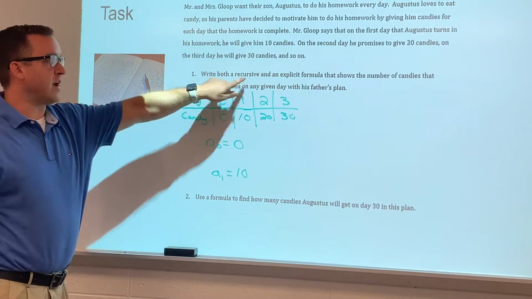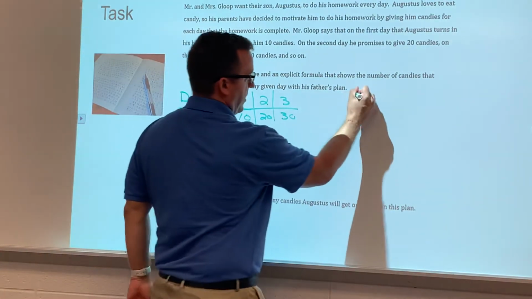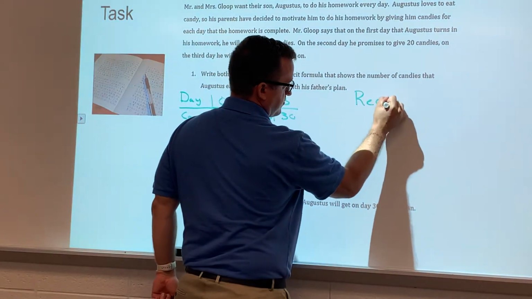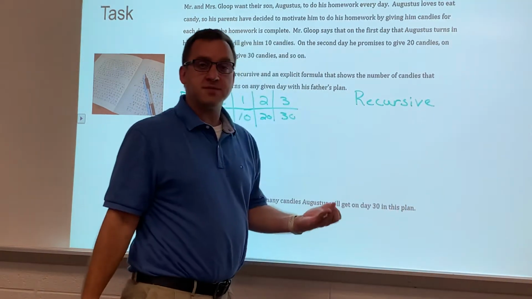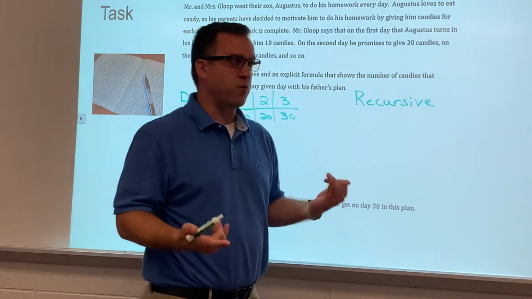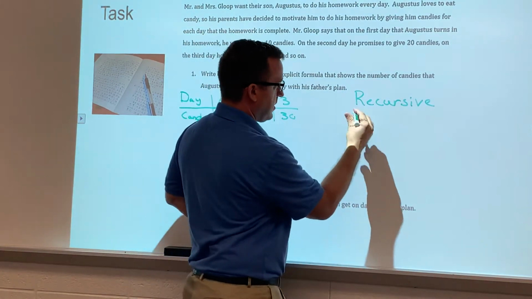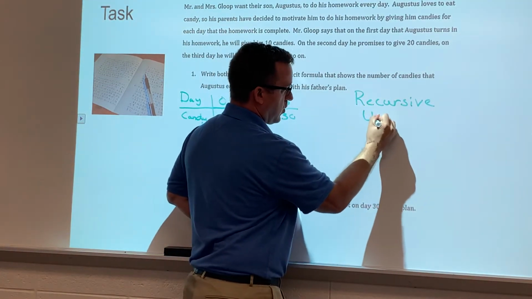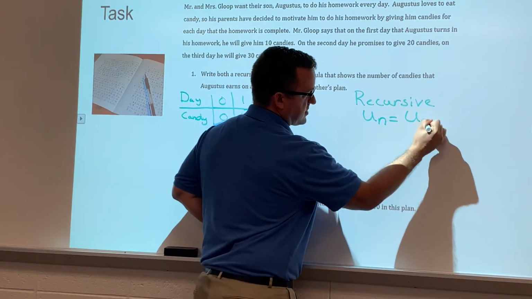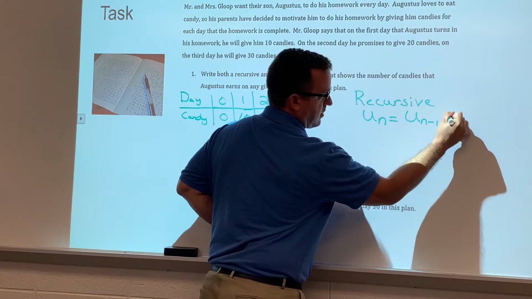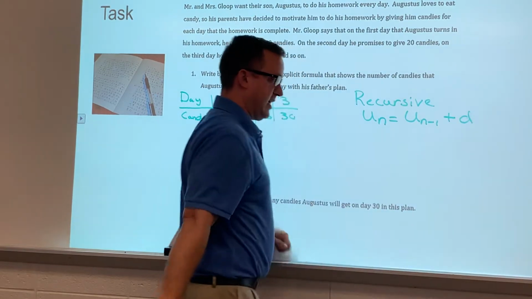So now we have to write a recursive formula. For me, it really helps to memorize formulas by writing down the general form. So we can write u sub n equals u sub n minus 1 plus d.